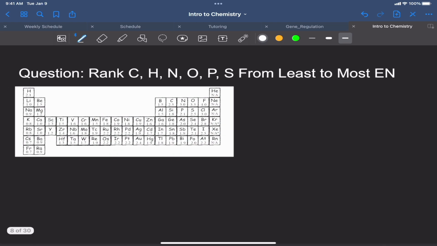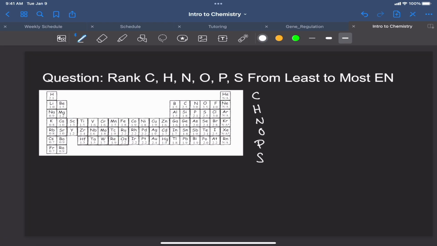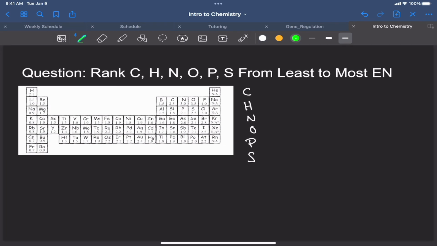Okay, so now I have a question. We have to rank these from least to most electronegative. And remember, these are all the elements that are important to us in biology. So we have C, H, N, O, P, and S. Well, if we look at our table here, carbon has an electronegativity value of 2.5.